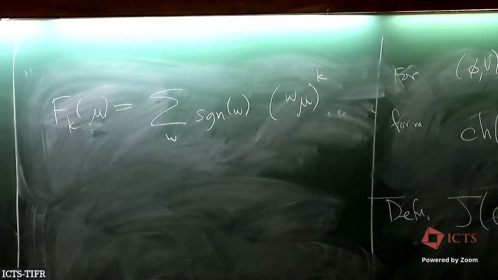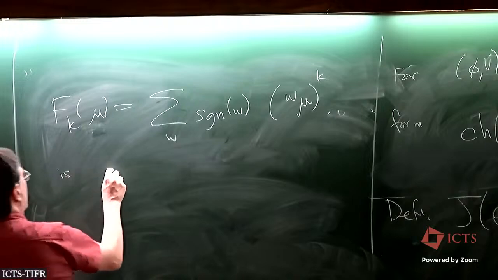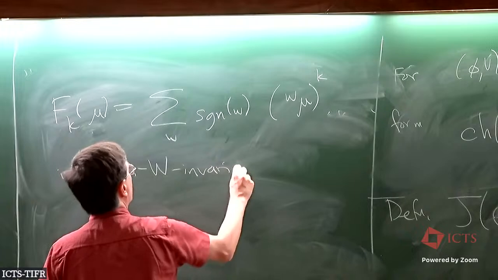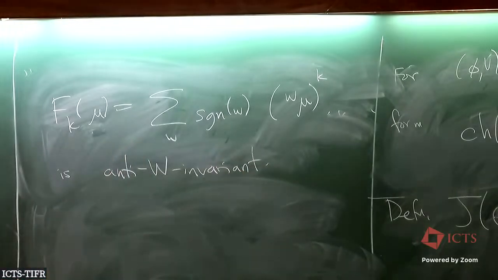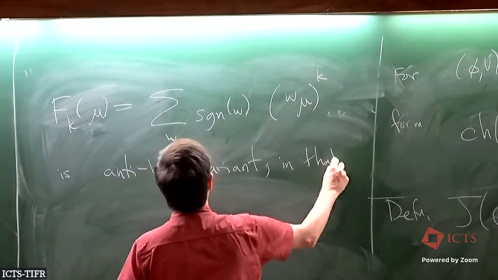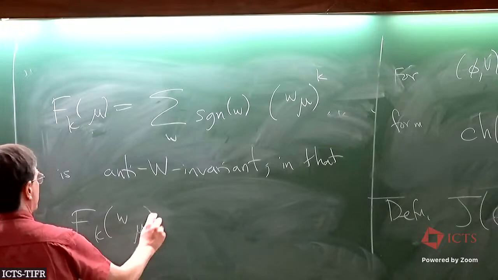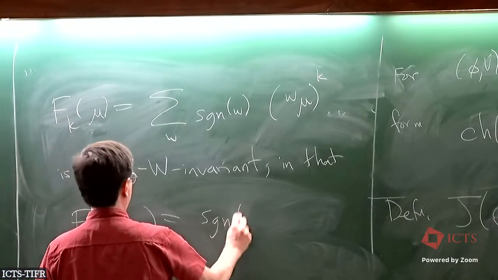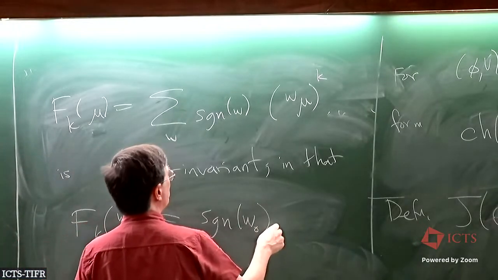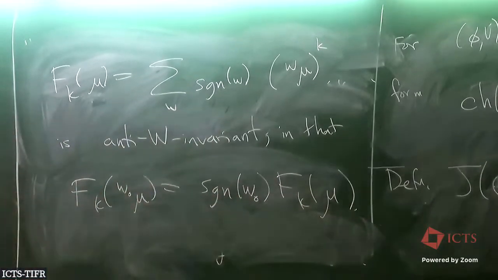The basic observation is that this is anti-W invariant, in the sense that fk of w mu is equal to sine of w, maybe I'll put w naught so we don't get confused, times fk of mu.